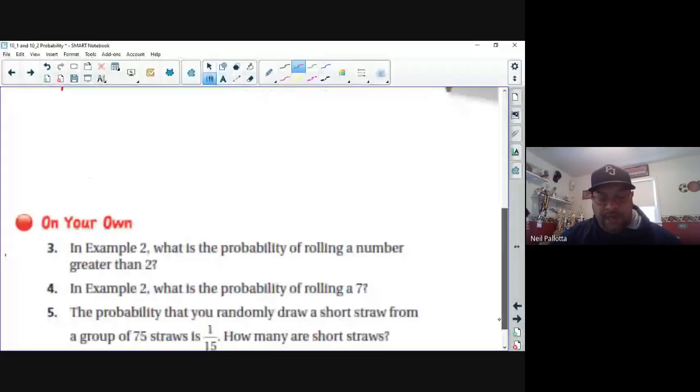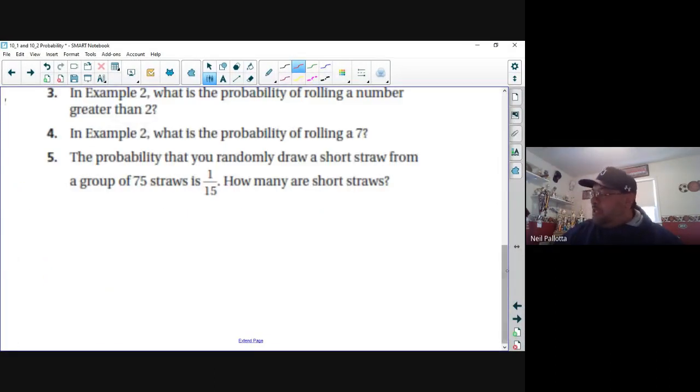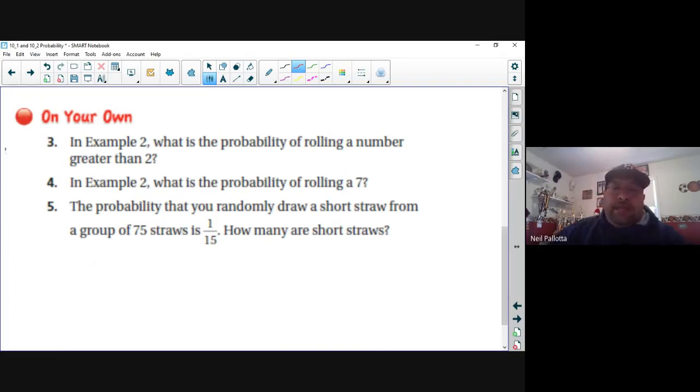Let's see what we have down here. Some example problems. Scroll up. Okay, in example 2, what's the probability of rolling a number greater than 2? Okay, so we want the probability of a number greater than 2. Let's think about that for a second.